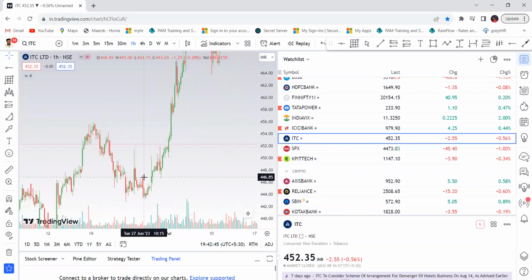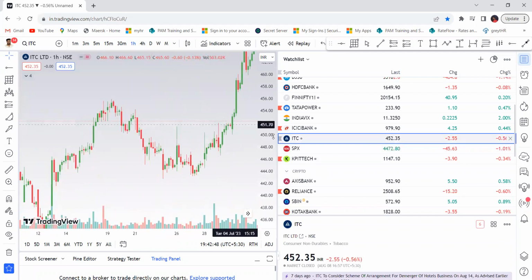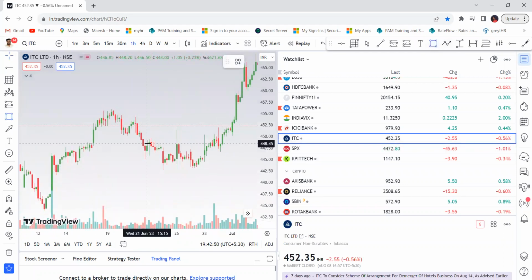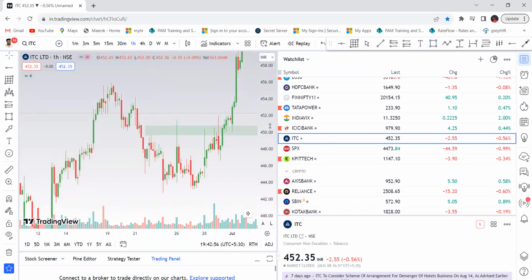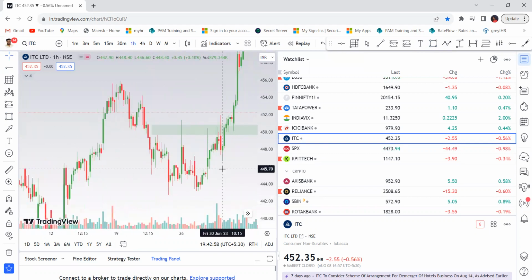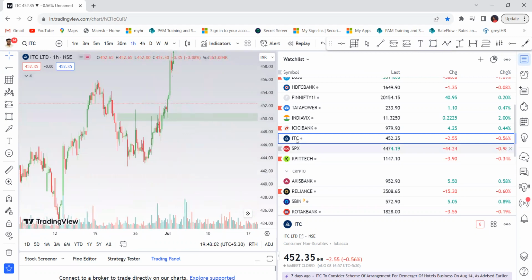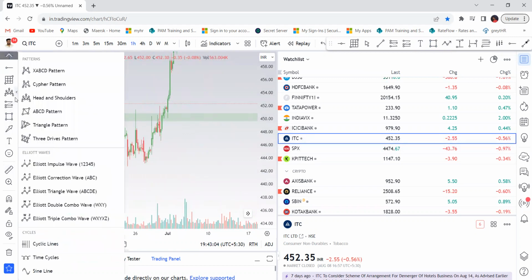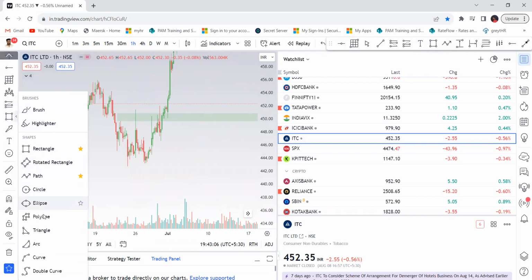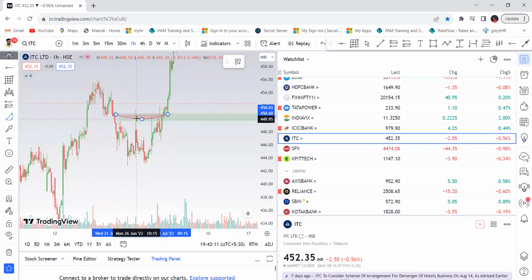Okay. This is not cup and handle. We can take this as a rounding bottom.